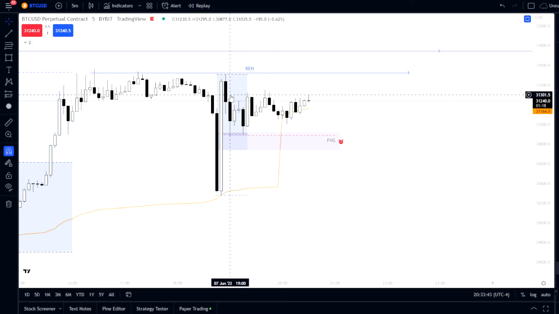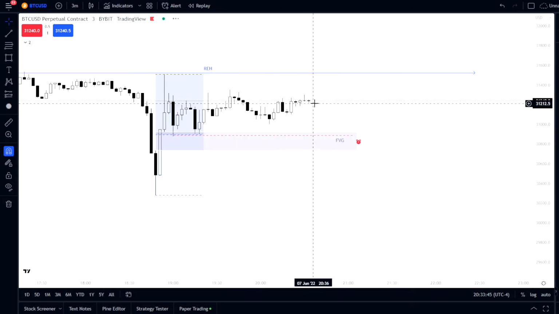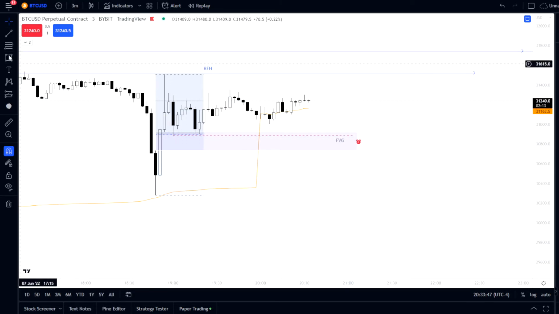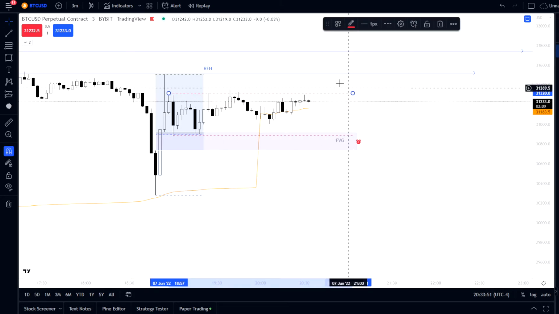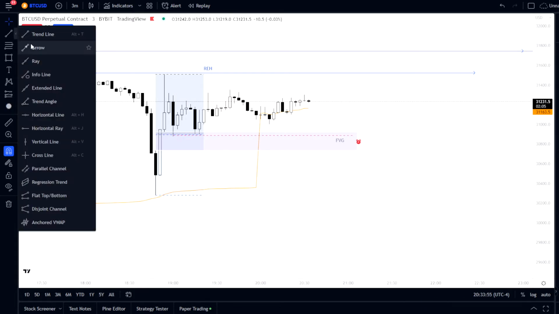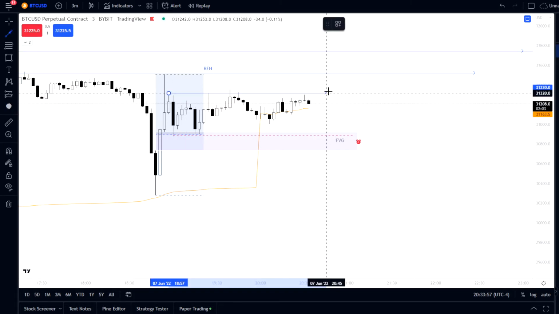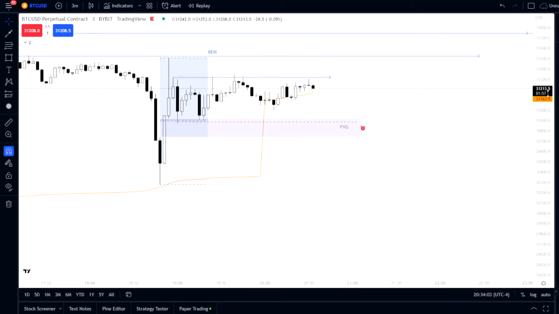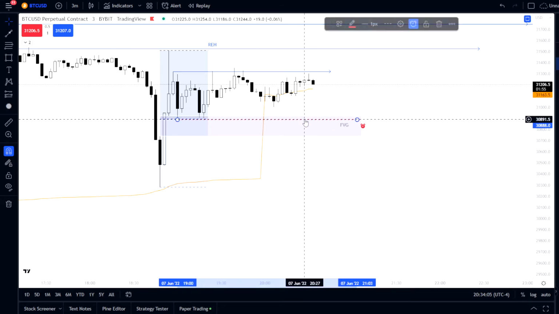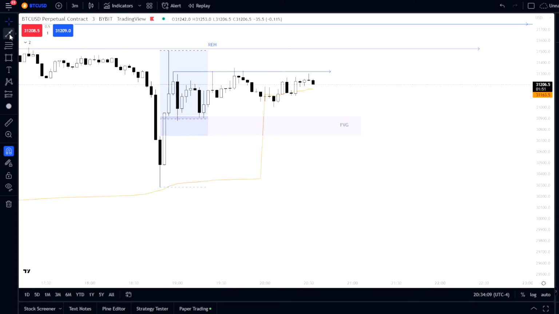At the same time, let me go down to a 3-minute chart because this is where the fair value gap is. What do we have above us right now? We have equal highs. This is going to be a draw on liquidity. I'll just delete this for now.